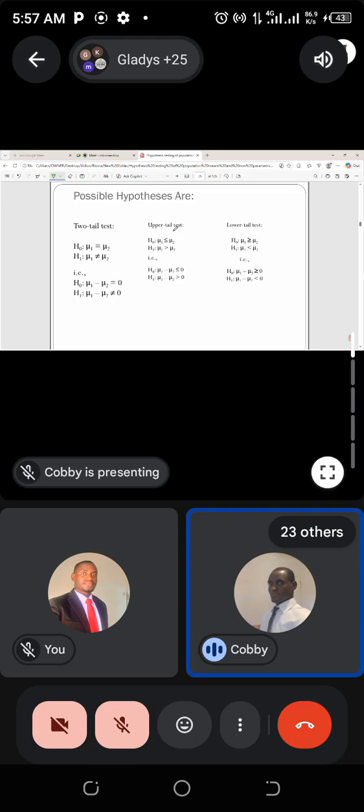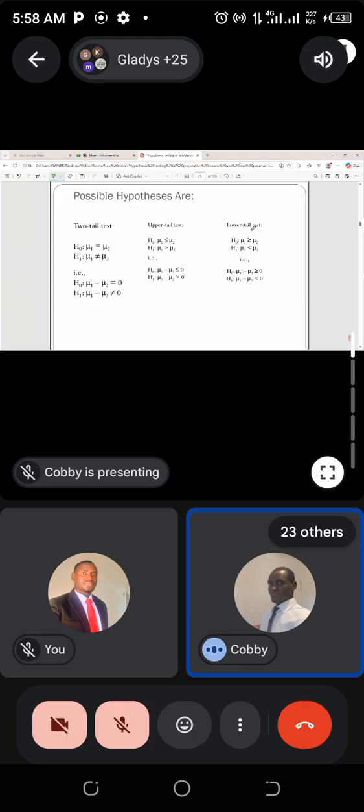So the null hypothesis is going to be the opposite. It's going to say population mean 1 is less than or equal to population mean 2. Then the alternative hypothesis is going to say population mean 1 is greater than population mean 2. Same applies to the lower tail test, where you want to know if one population mean is less than the other.